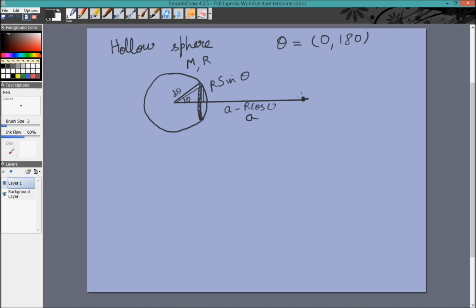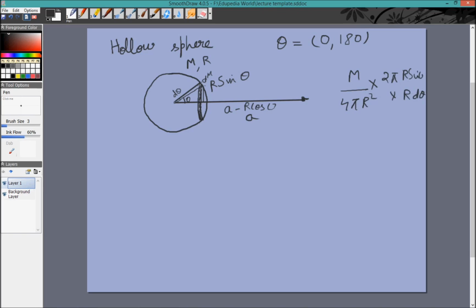Be careful about the mass. The dm mass of this element will be the total mass divided by 4 pi r square, multiplied by the area of this ring. That will be 2 pi r sine theta, the circumference, multiplied by the thickness, which will be r d theta. So this is the mass of this element.